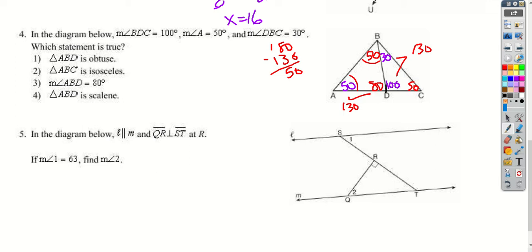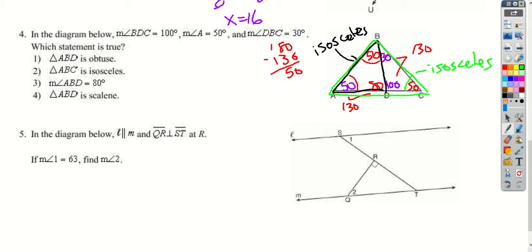Okay. And so we can tell two things. Number one, we can tell that this triangle ABD is isosceles, because we have two base angles that are equal. And we can also tell that this triangle all the way around is also isosceles because it has two base angles that are equal.